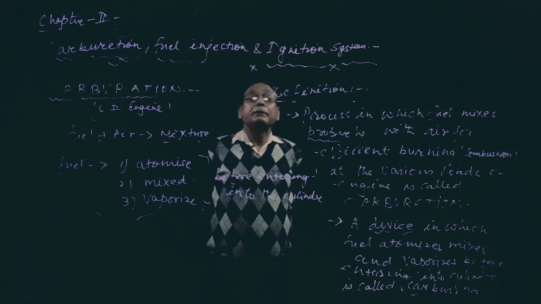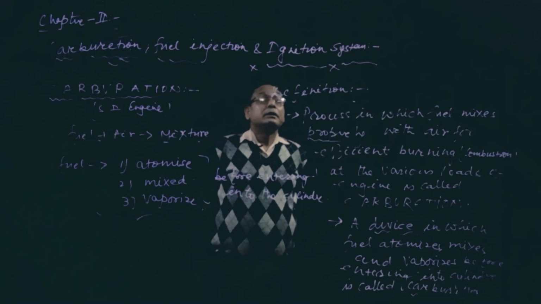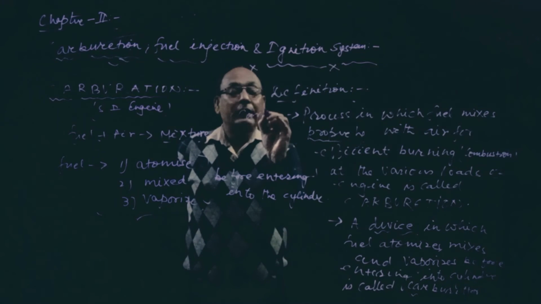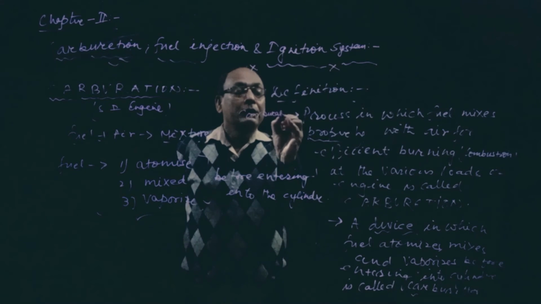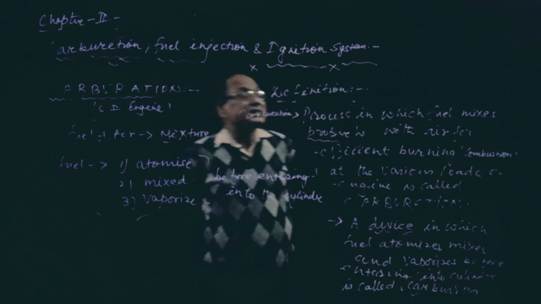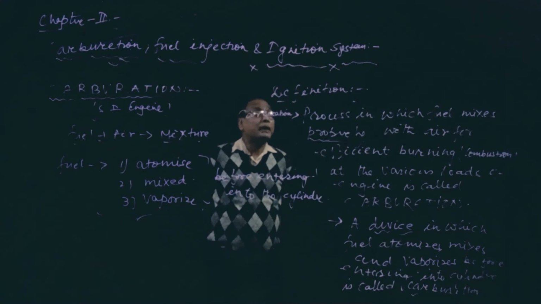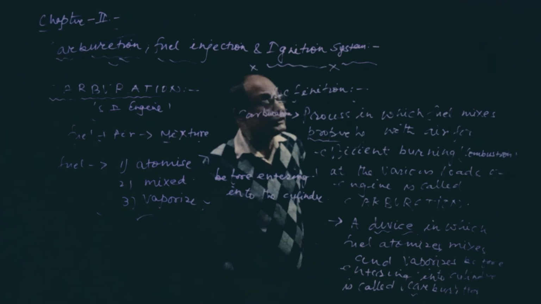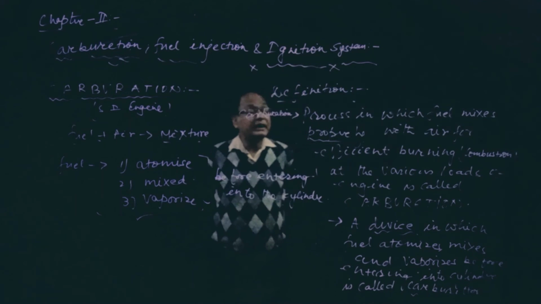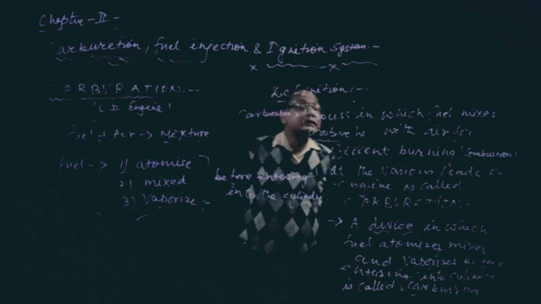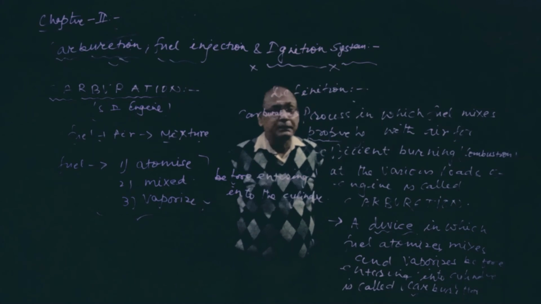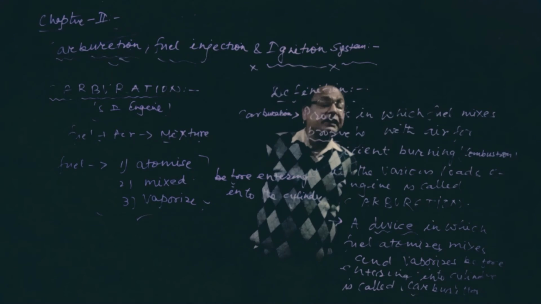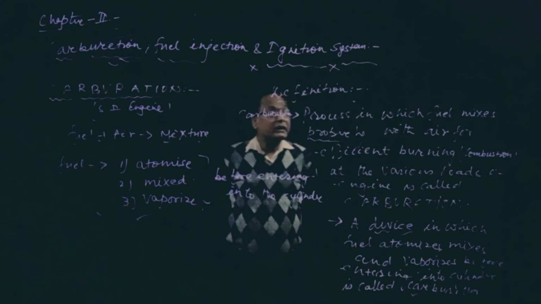Now the definition of carburation: a process in which fuel mixes properly with air for efficient combustion. If the combustion is not proper, then it cannot give us the output at different load conditions, maybe no load, maximum load, and normal running condition. That is called carburation.